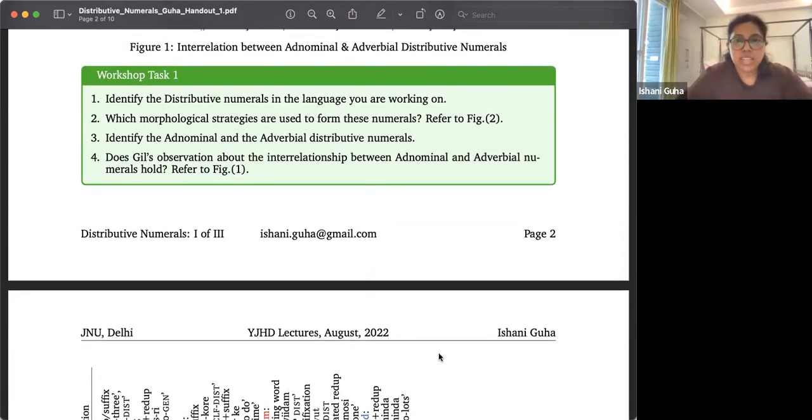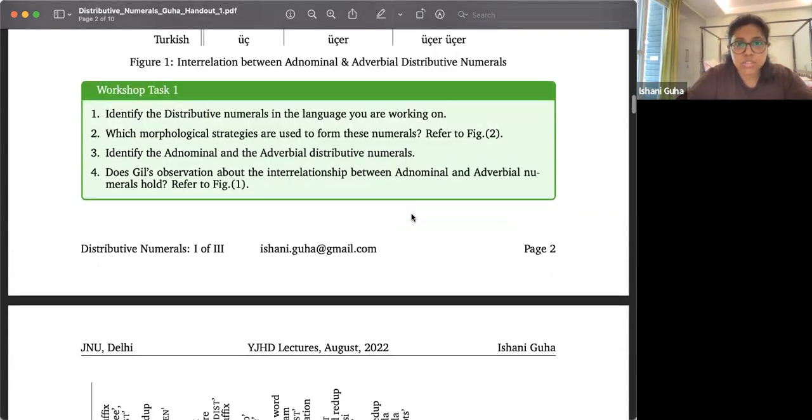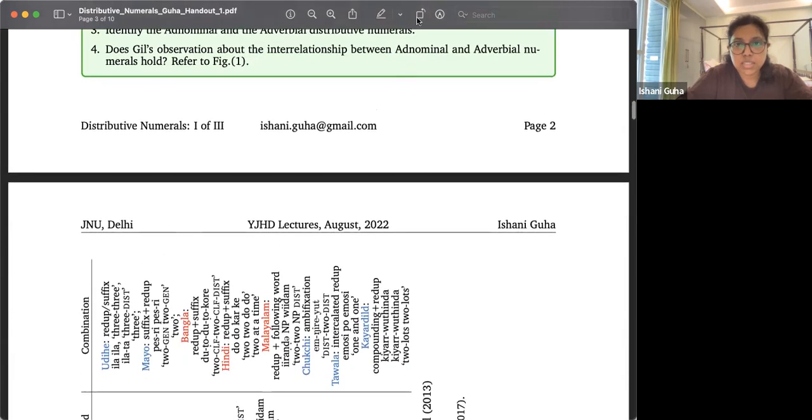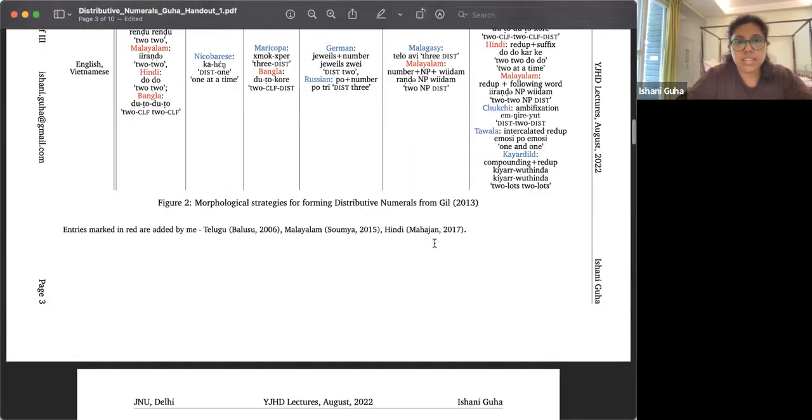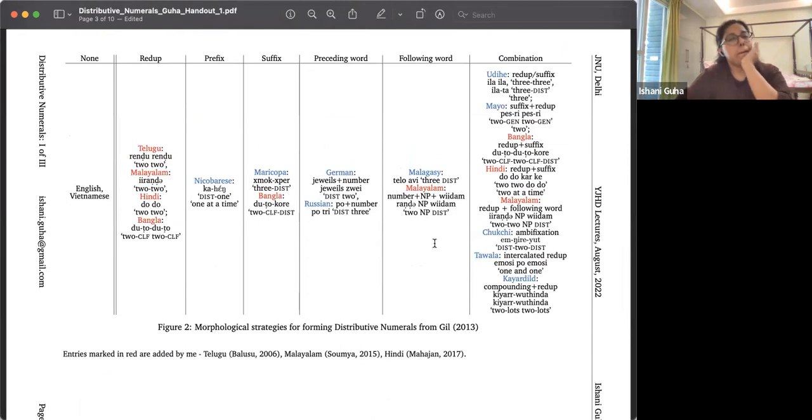Okay. So, yeah, I have this table here, which I should try to put in. So I've taken examples from the table from the Wall's entry on distributive numerals written by Gill. So what sort of strategies are used to form distributive numerals, right?